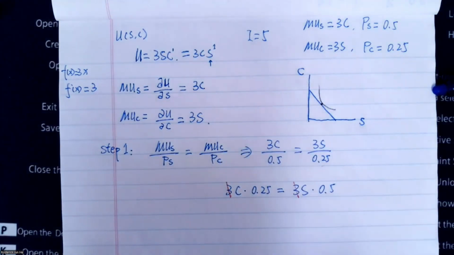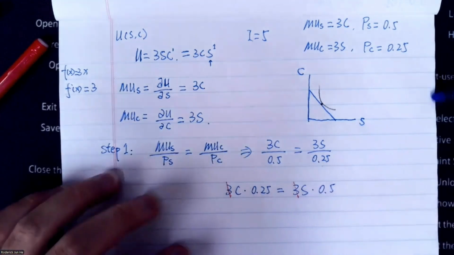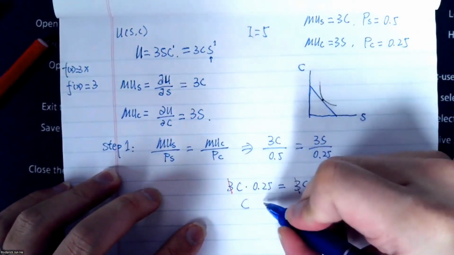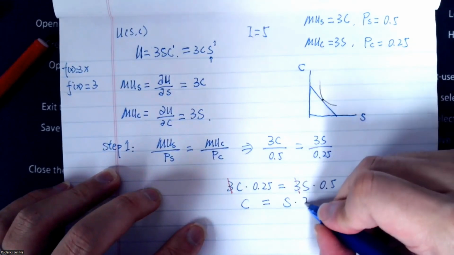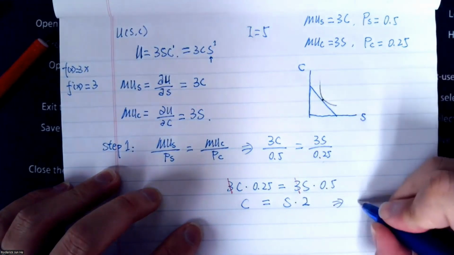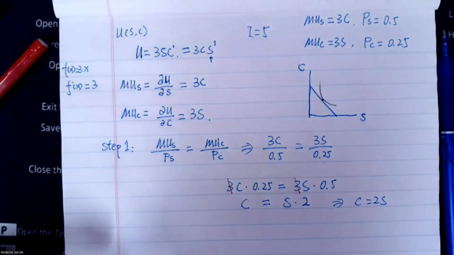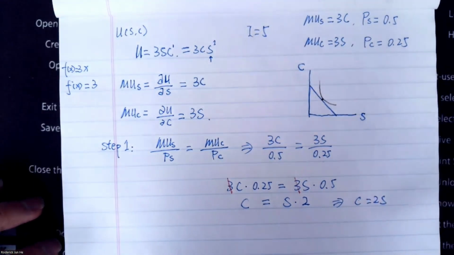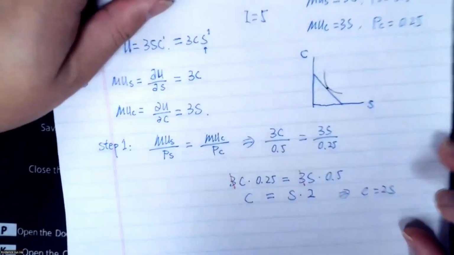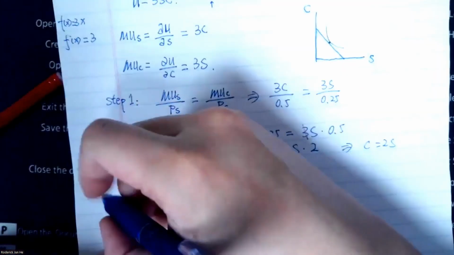Then we divide both sides of the equation by 0.25. So C equals S times 0.5 over 0.25, which is 2. So that is C equals 2S. That is the so-called relationship between the quantities of the two goods when the consumption is optimal. Okay, so that's step 1.